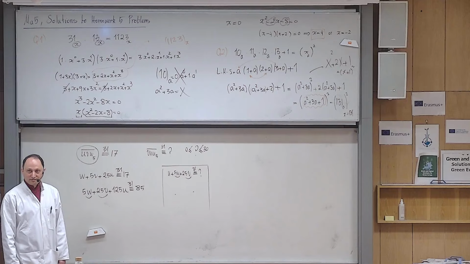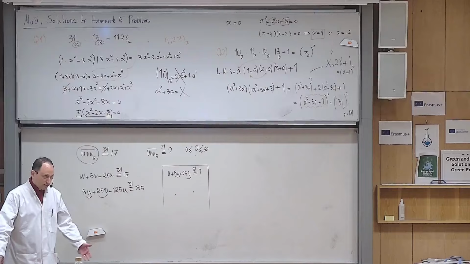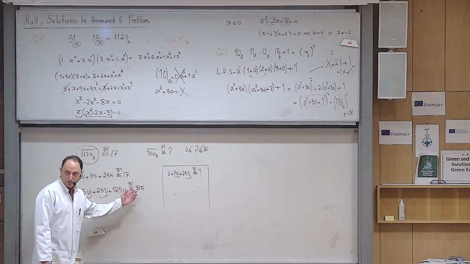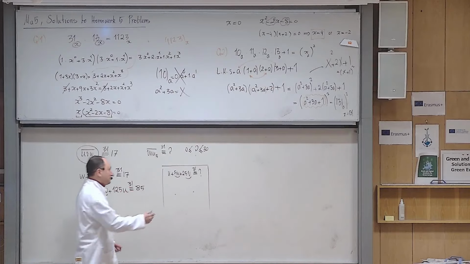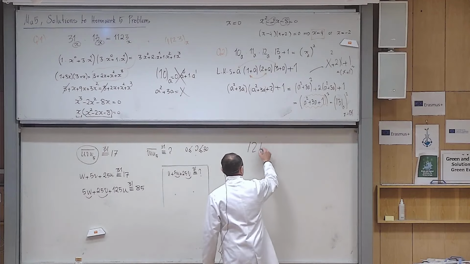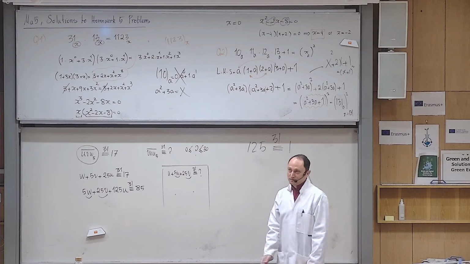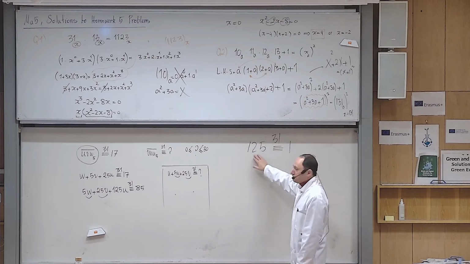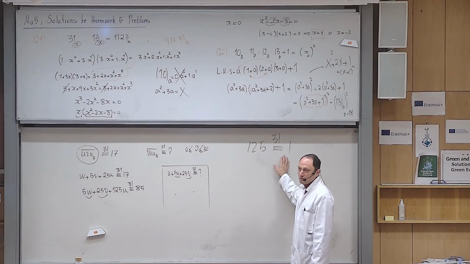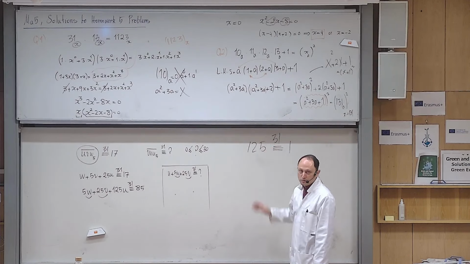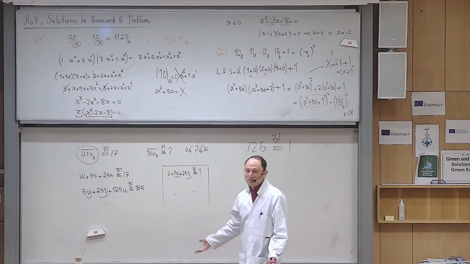Yes or no? 125 is 1. We are working in modulo. 125 is 1 when it comes to modulo 31. Why is that? Because 125 minus 1 is 124, and 124 is divisible by 31. That's finished. So you just need to multiply by 5.